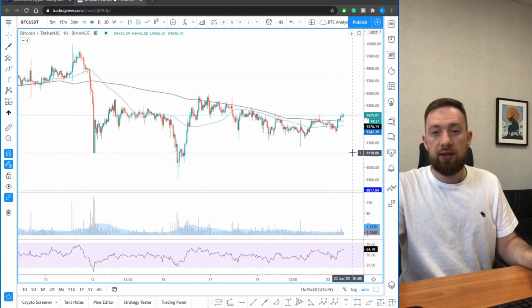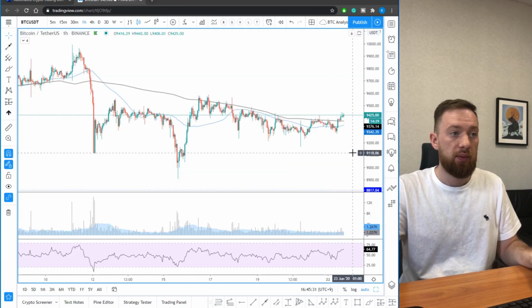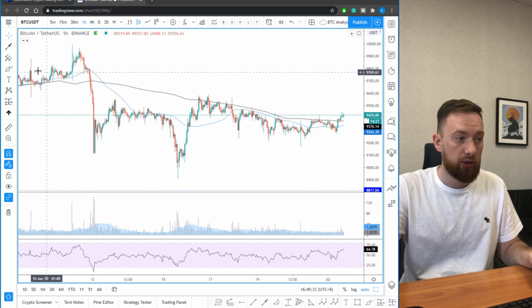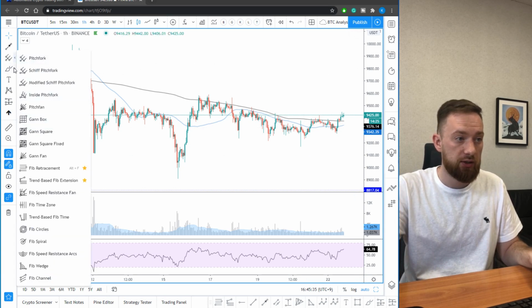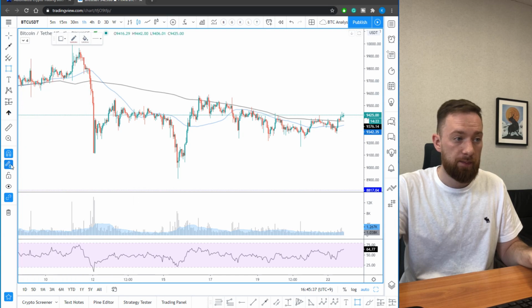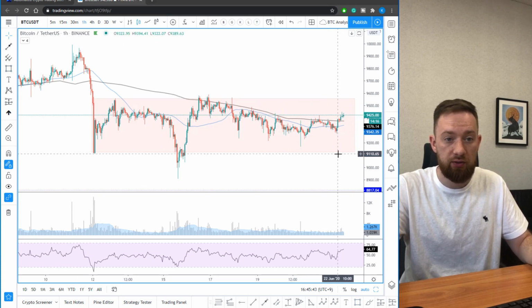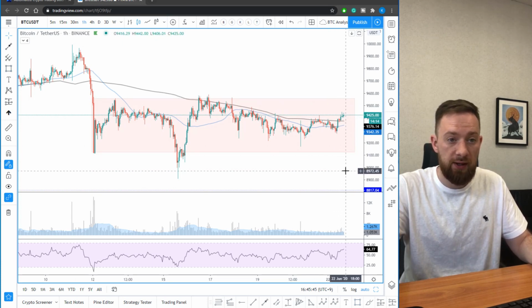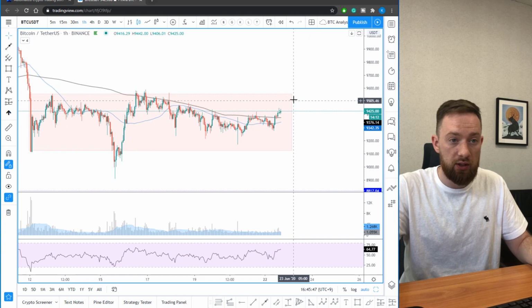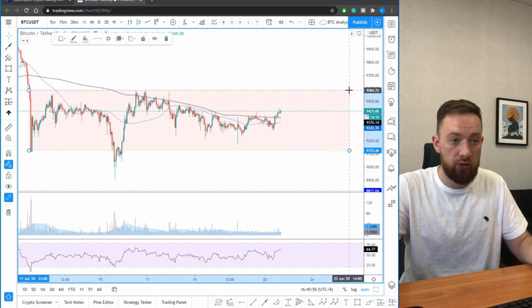And let me now look at the hourly time frame on the Binance exchange. What we can see here is definitely a nice horizontal channel, where the price is stuck between the values of 9,500 and 9,100. Now we're coming towards the top of that small horizontal channel.